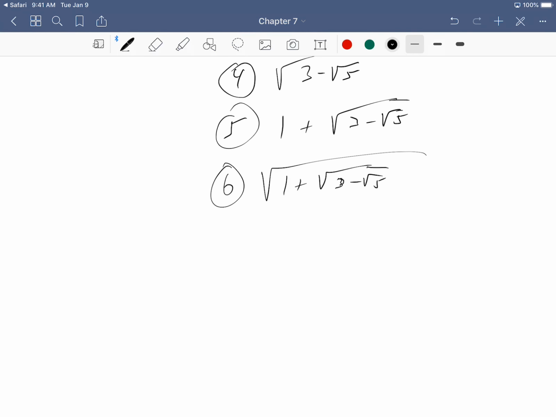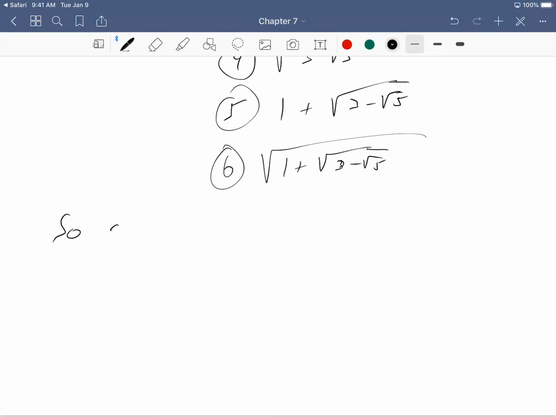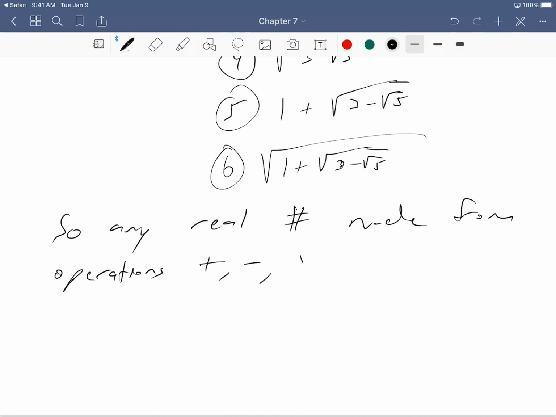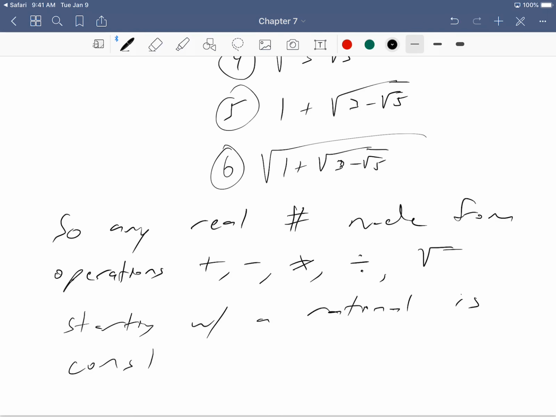Okay, so any real number made from the operations plus, minus, times, divides, and square root, starting with a rational, is constructible.